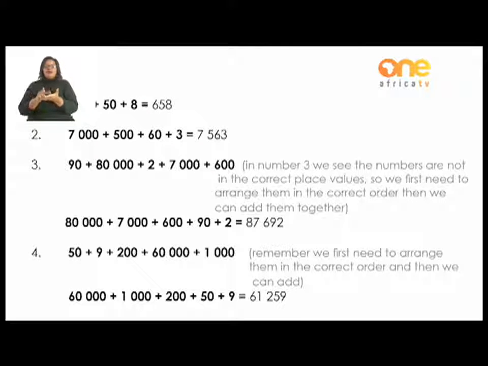We will get 60,000 plus 1,000 plus 200 plus 50 plus 9. And if we add it together, that gives us 61,259. So remember, even although they mixed it up, firstly, just arrange it from the biggest value to the smallest value, and then we add it together.